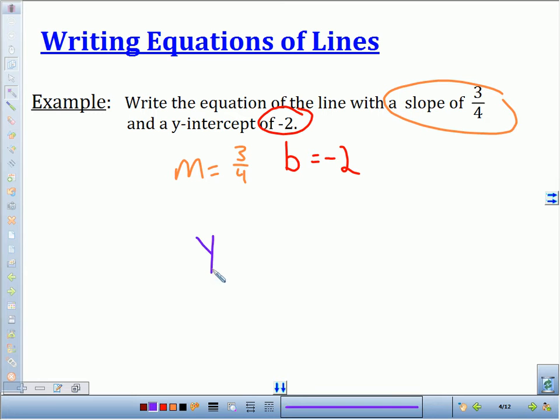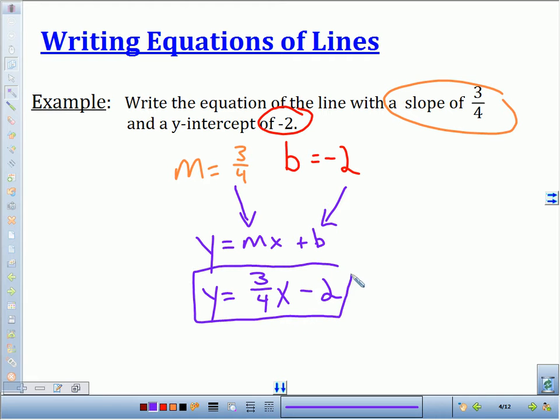We say, all right, y equals mx plus b using slope-intercept form, and we want to replace m with 3/4, and we want to replace b with -2. We rewrite our equation using those numbers. We've got y equals 3/4 x minus 2. Notice that this plus b became -2 because plus -2 is the same thing as -2. That is our answer in this case.